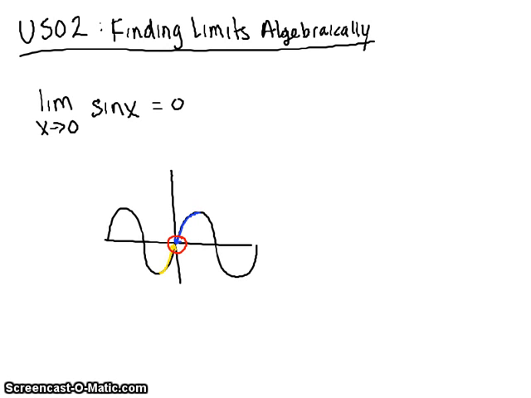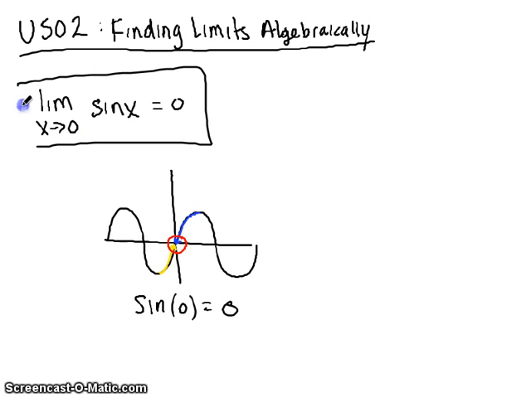The sine of 0 is 0, so the limit of sine of x as x goes to 0 is 0. This should make sense because as we plug in values closer and closer from the left and right, we're getting closer to plugging in this value, and what's more accurate than actually plugging it in? So our limit here is 0.